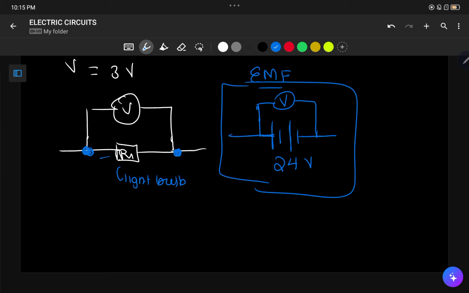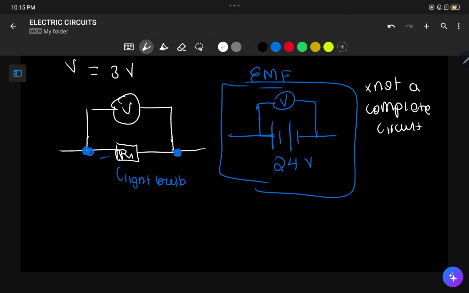So when they say EMF, they're mainly talking about the potential difference across the terminals of a battery that is not in a complete circuit. This battery can provide a maximum amount of energy, which is 24 volts. That will be the EMF, no matter that it's not a complete circuit. That is what you need to know.